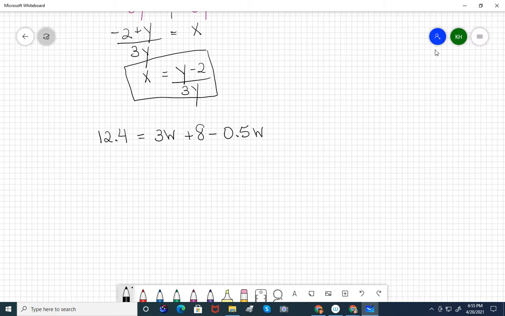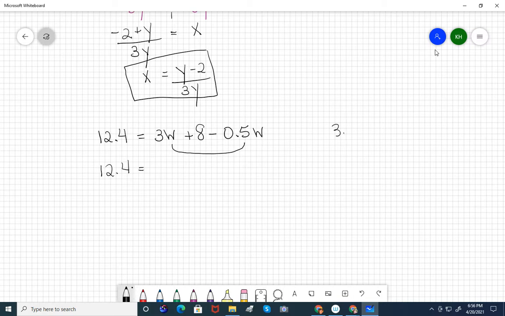Usually when you have an equation like this, if both w's are on the same side, we can simplify this. We can add this w and this together. So this will be 12.4 equals 3w minus 0.5.